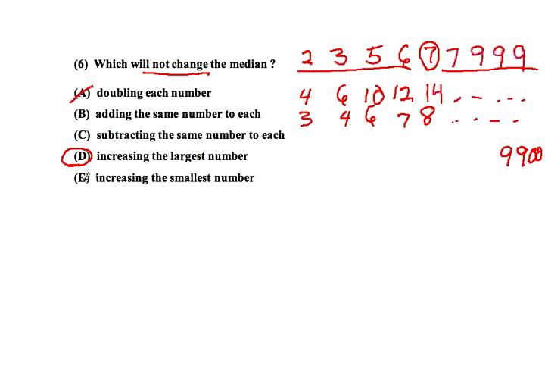And just to check, increasing the smallest number could change it, because if we increase this to 1,000, then it would move over here, and in this problem it wouldn't change it, but in general it could.